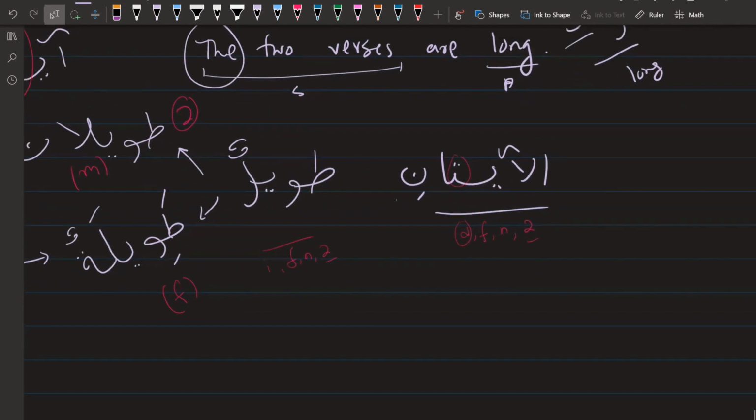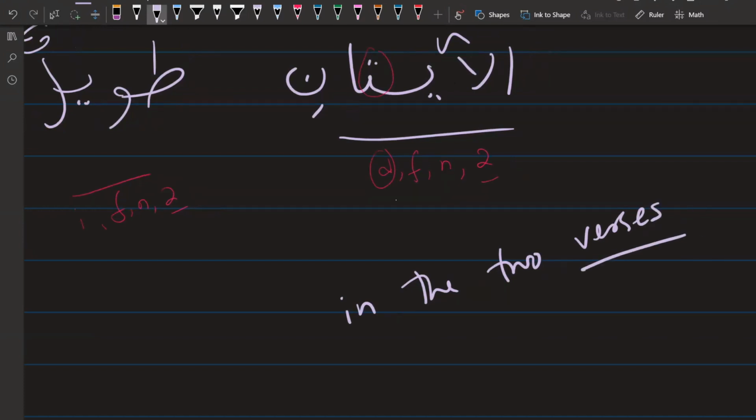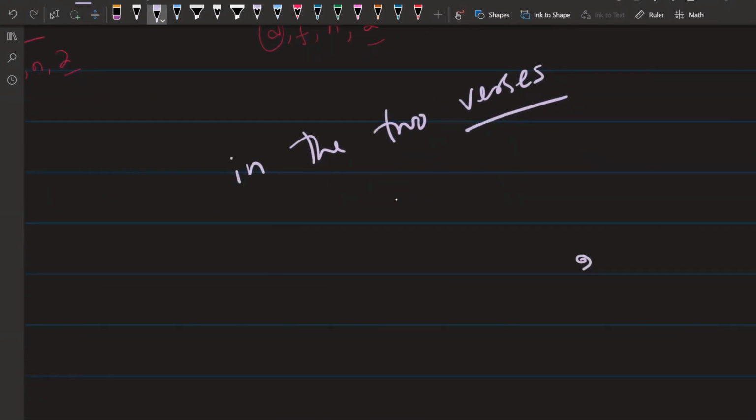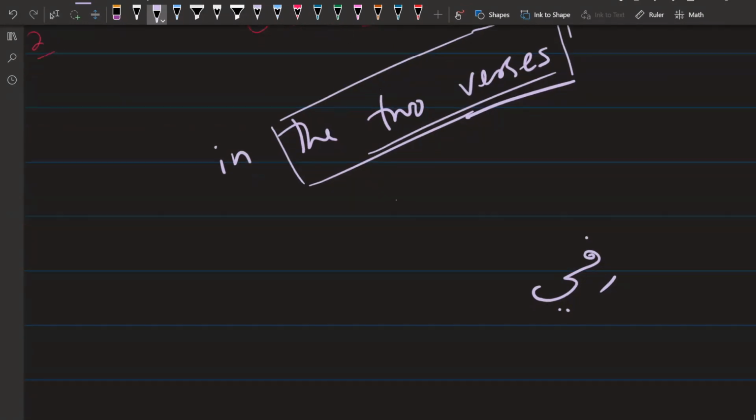So now how do you say "in the two verses"? Okay, in the two verses. So "in" is fi, I'll give you that much. Now the two verses, you give me the two verses. And then inshallah, I will start the new lesson. Yes, excellent.